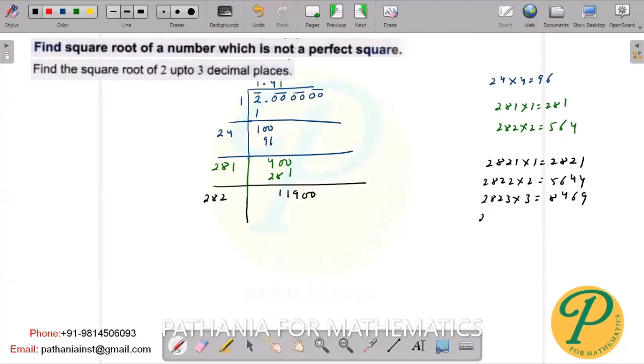Then 2824 into 4. Then 2825 into 5. It is more than 11900. So we use this one.